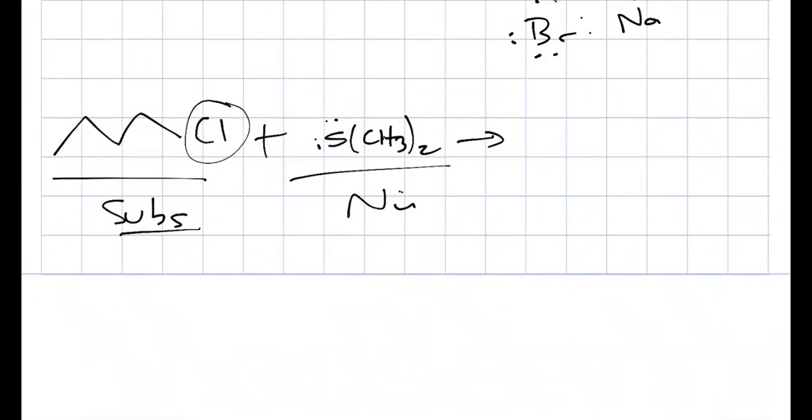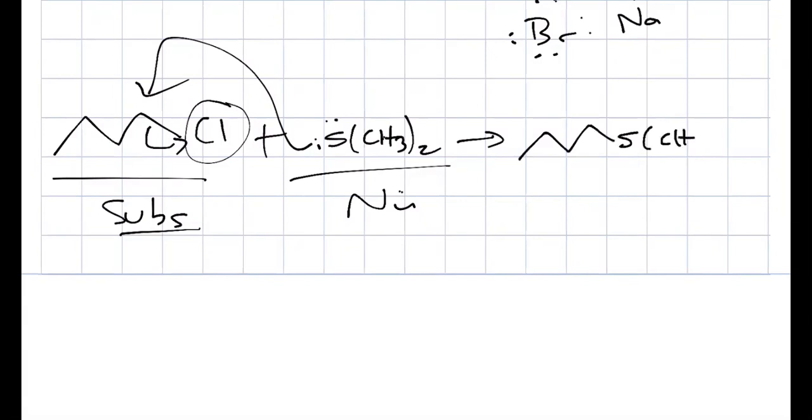Sulfur is the nucleophile. It has a pair of electrons that can attack right here at this carbon and kick off chlorine. So what are we going to get? Is it SN2? So yes, it's an SN2. That's right. And then is sulfur going to have a charge on it? Right, it's going to be positive.